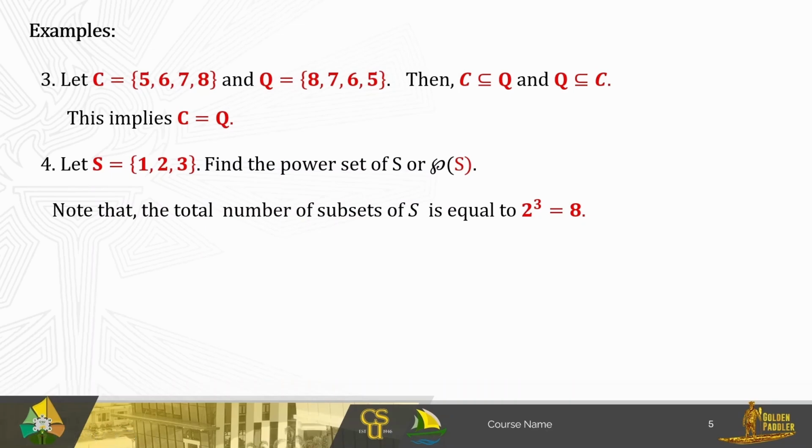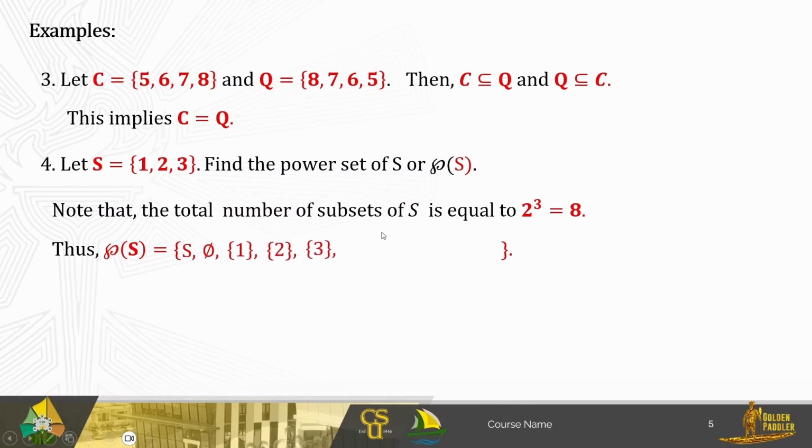Okay, so what are those 8 elements? The power set of S contains S itself, and then we have the empty set and the set of all singletons. We have the set containing 1, the set containing 2, and the set containing 3.